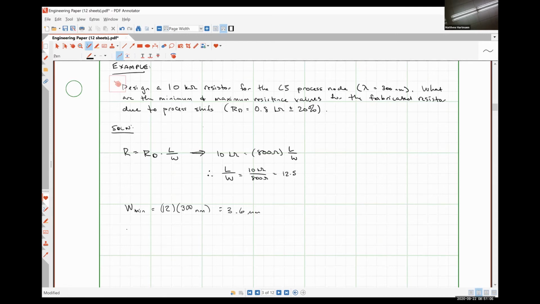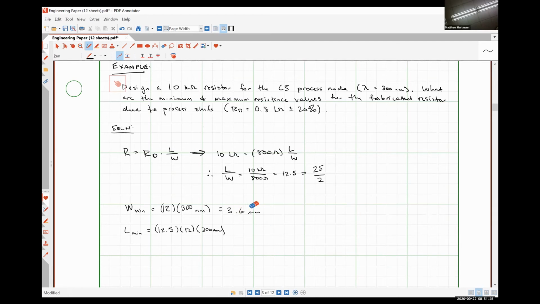Well, the issue that we're going to see is that our minimum length for this resistor is going to be 12.5 times 12 times 300 nanometers. But we can't actually make something 12 and a half units, grid units long. It has to be an integer number, where everything that we're defining will be an integer number of grid units. So 12 and a half would be better expressed as 25 over 2.